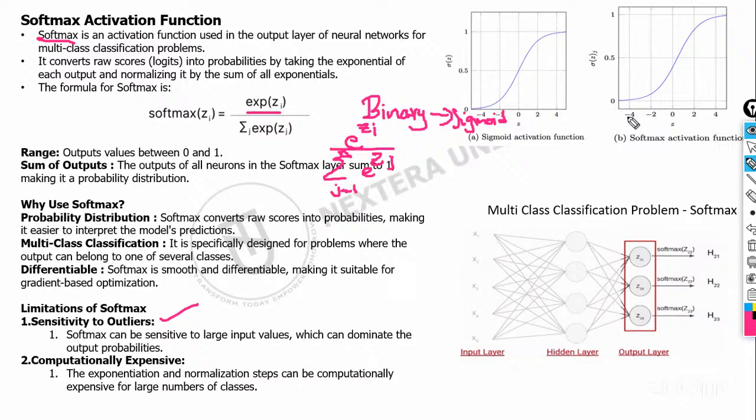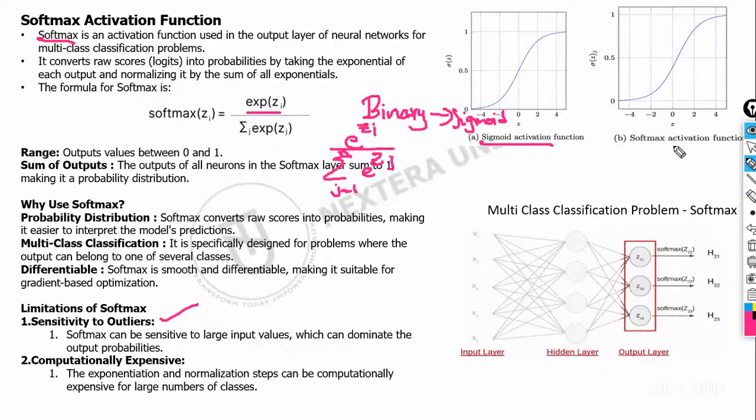I'll once again recap all the activation functions at a single glance. We are starting from the sigmoid function, which is generally preferred in the output layer as an activation function for binary classification. If you have two classes and you want to classify them, go and use the sigmoid function as an activation function in the output layer.